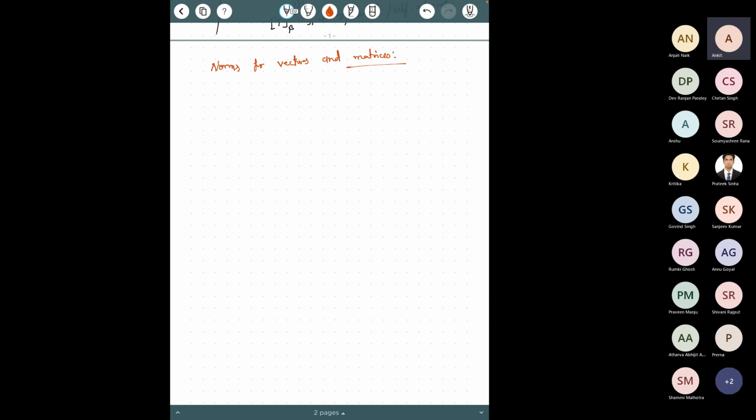So one way to answer these questions is to study norms of vectors and also matrices. Before I define these norms formally, you can think of them as a generalization of Euclidean length in R2 or R3.